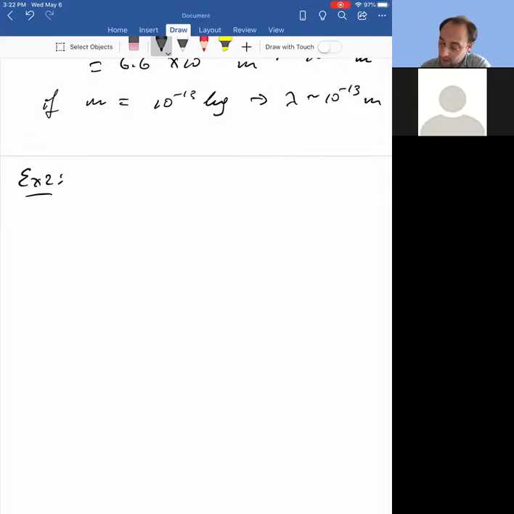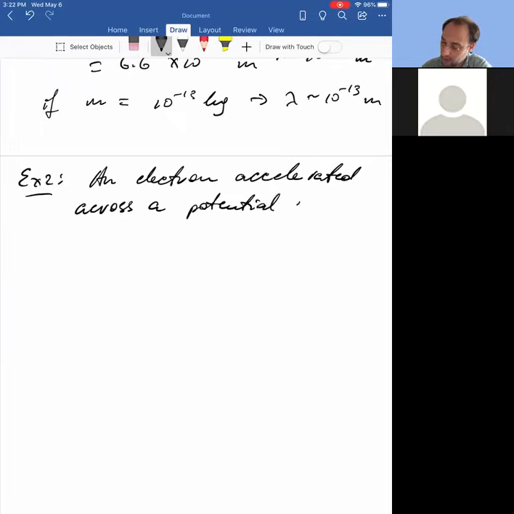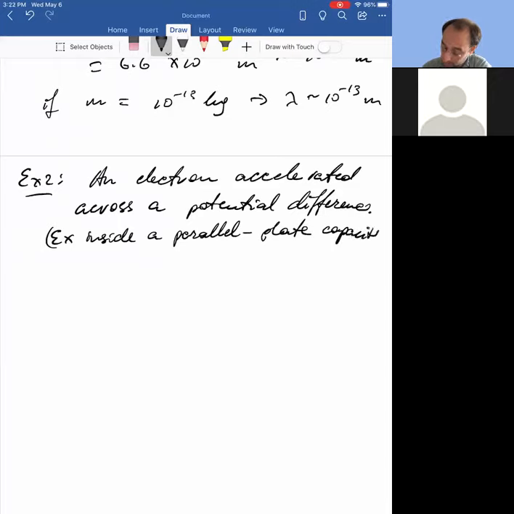So an electron accelerated across a potential difference, inside a parallel plate capacitor. Take a capacitor, put in a poor electron, and let me blow it up.